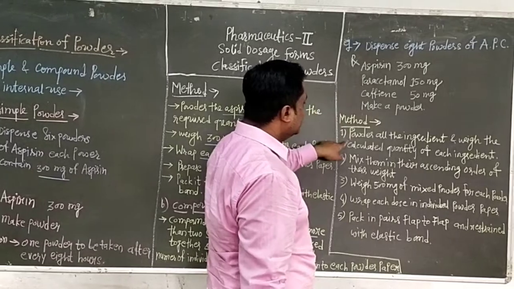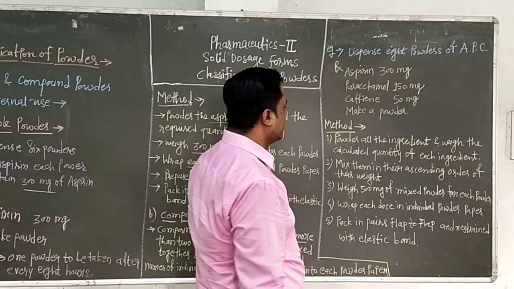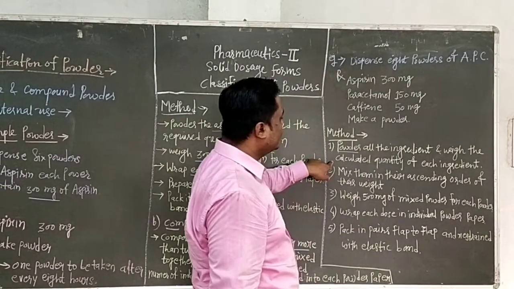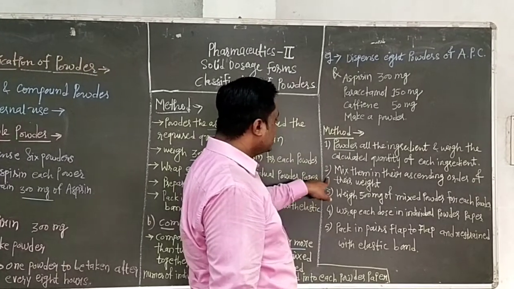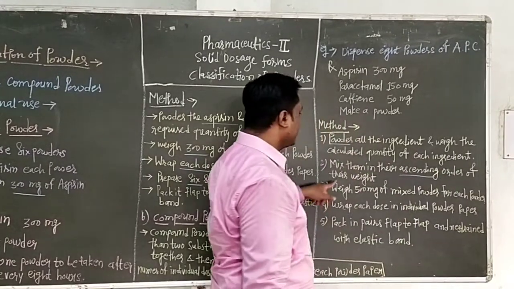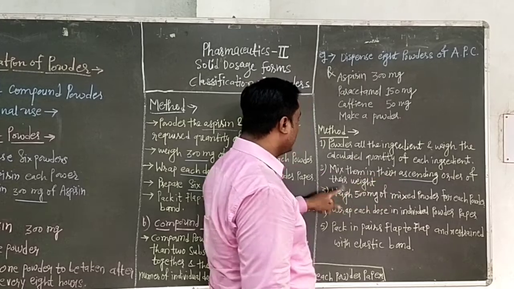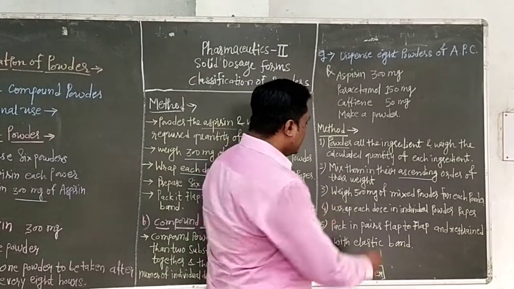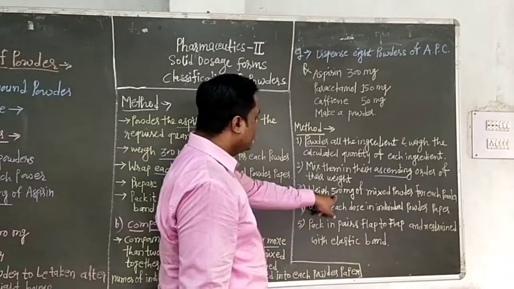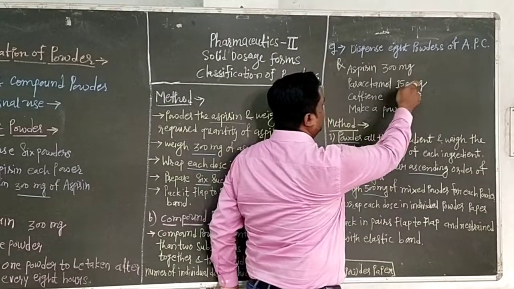Then what is the method? Step one is to powder all the ingredients and weigh the calculated quantity of each ingredient. Then step 2 is to mix them in ascending order of their weight. Ascending order means smallest to largest quantity. Then weigh 500 mg of mixed powder for each powder, where 500 mg means the total of 300 plus 150 plus 50 mg.